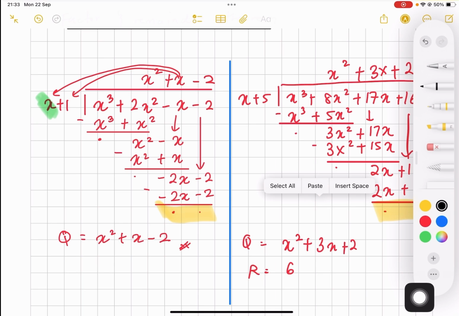It's always 1 degree lower, and then the remainder is a constant. For now it's 0.